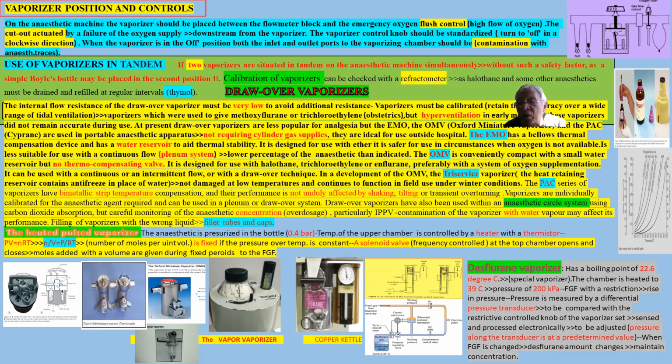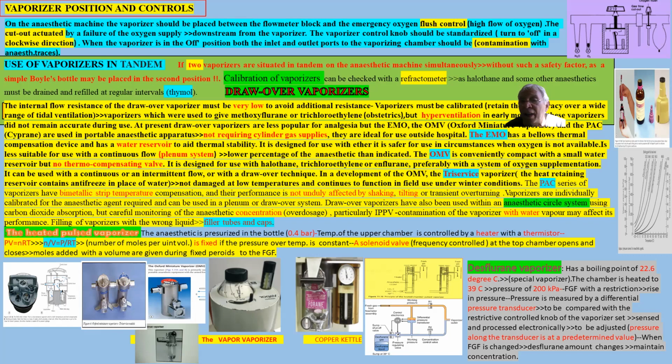So this flow has a constrictor. According to the pressure difference between both sides, which is transmitted by a processor to the system, I can adjust that constrictor so that the pressure across the differential pressure transducer stays constant, so that the amount of vapor coming from one side will tolerate the fresh gas flow in case of increase or decrease in flow, to assure that the concentration is constant.